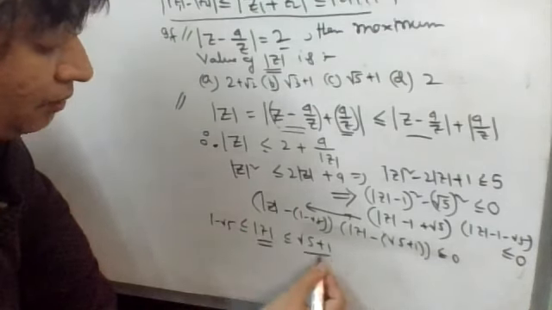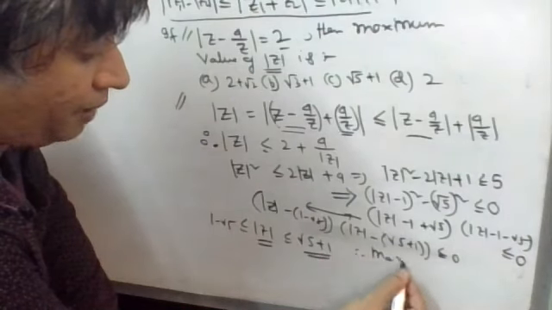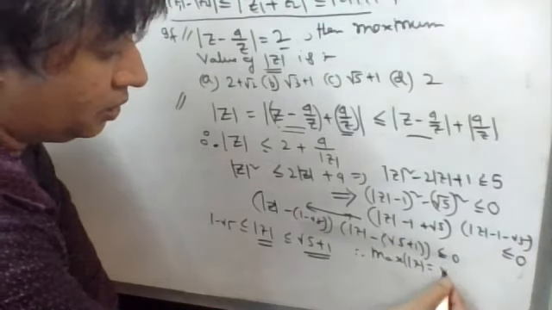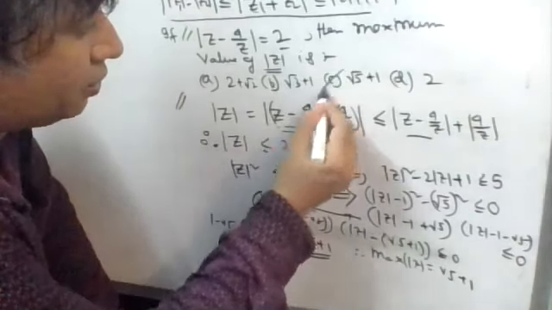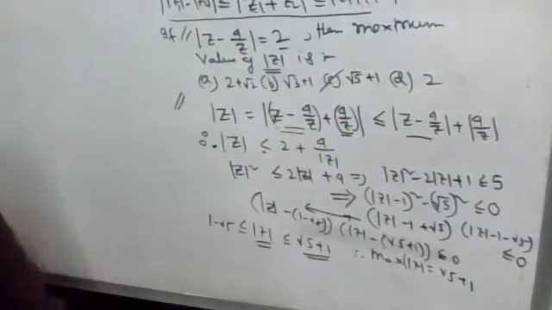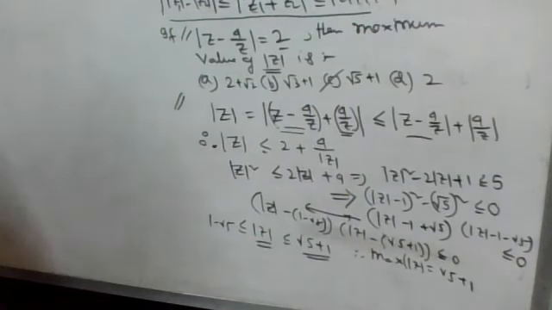So what is the maximum value? Therefore, the maximum of mod z is root 5 plus 1, and the answer is option C. Option C is the correct answer.